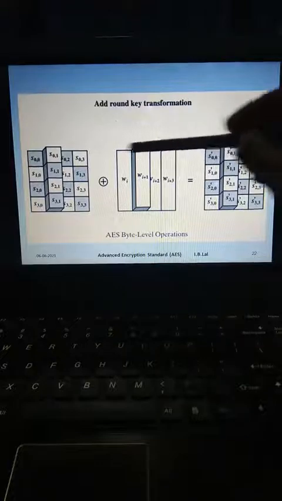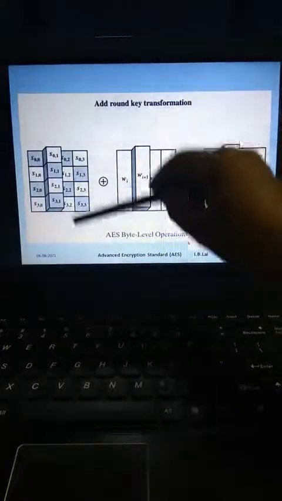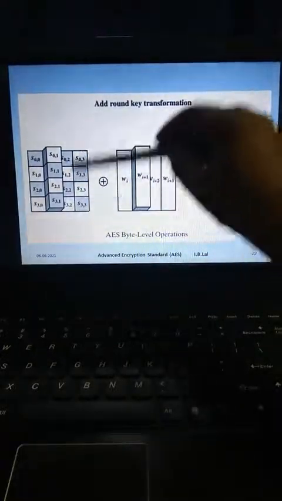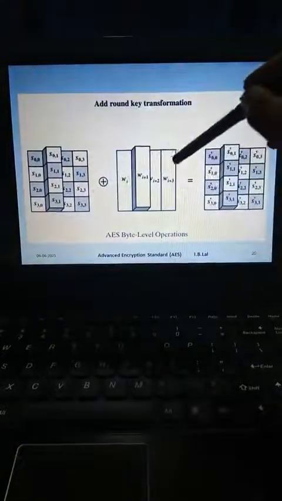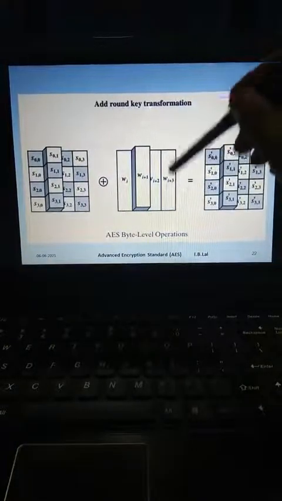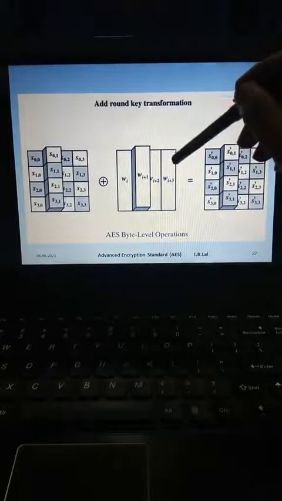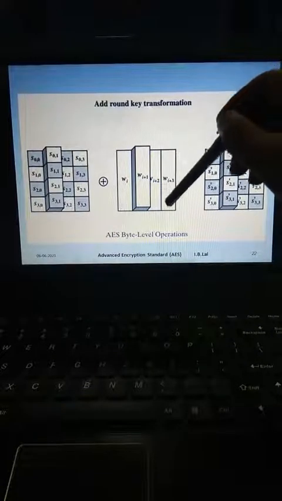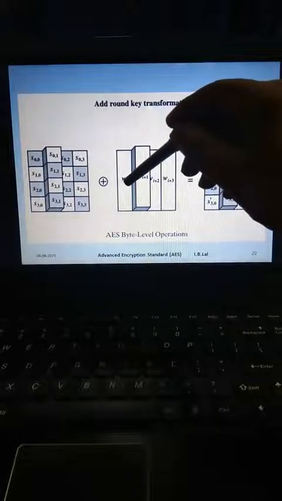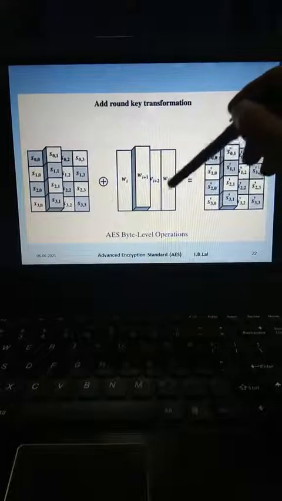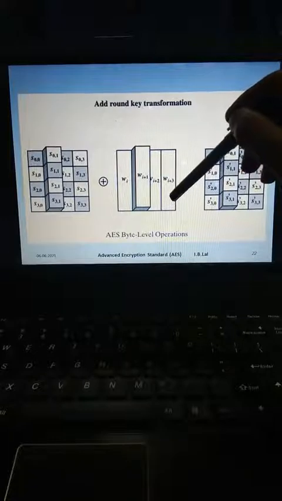Okay, and the fourth word of this result matrix would be XORed with the fourth word of the key, K13, K14, K15, K16, and so on. So if we take it from W0, the final would be W43, and so on.